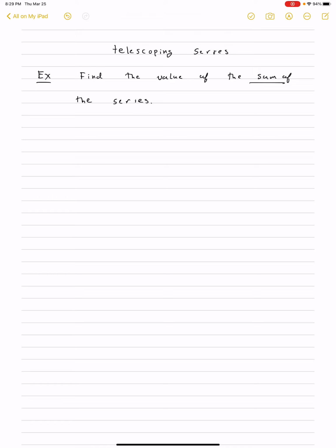Up to this point, most of the questions have been does it converge or diverge, not what's the value of the sum. The series in question is the summation from n equals 1 to infinity of 2 over n squared plus 2n.